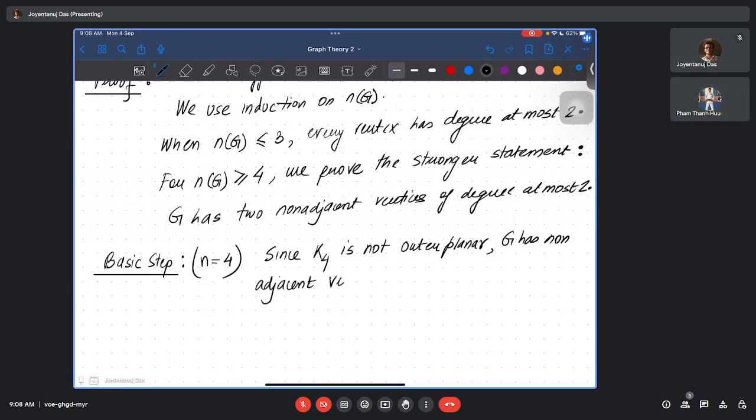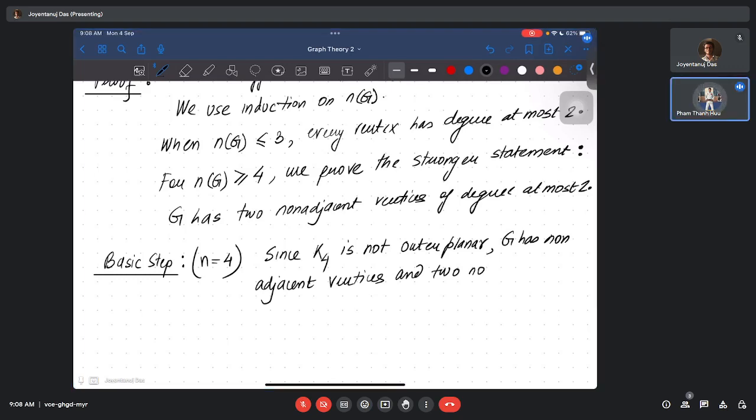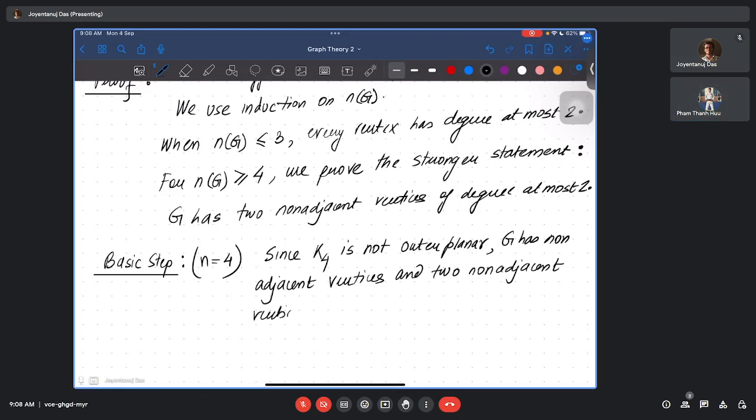And two non-adjacent vertices have degree at most 2, because the highest degree possible in a graph with 4 vertices is 3, right? So if two vertices are non-adjacent, they can be at most 2.